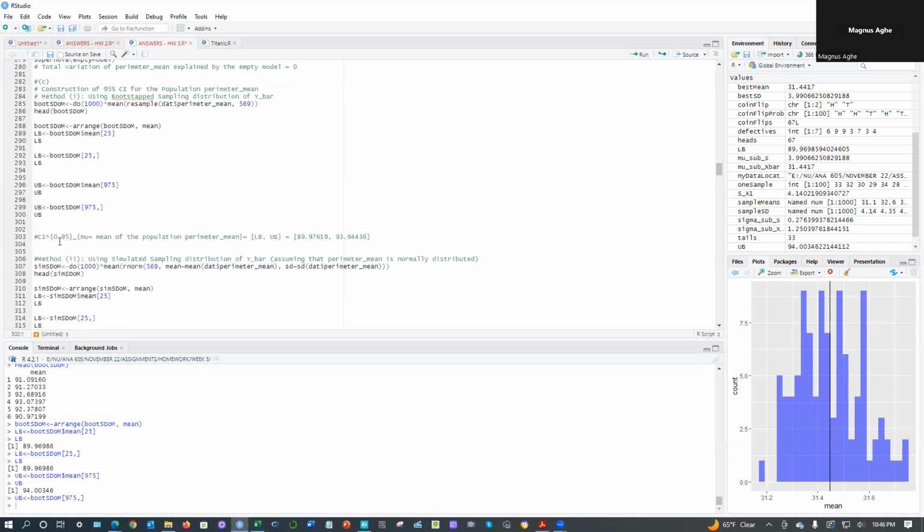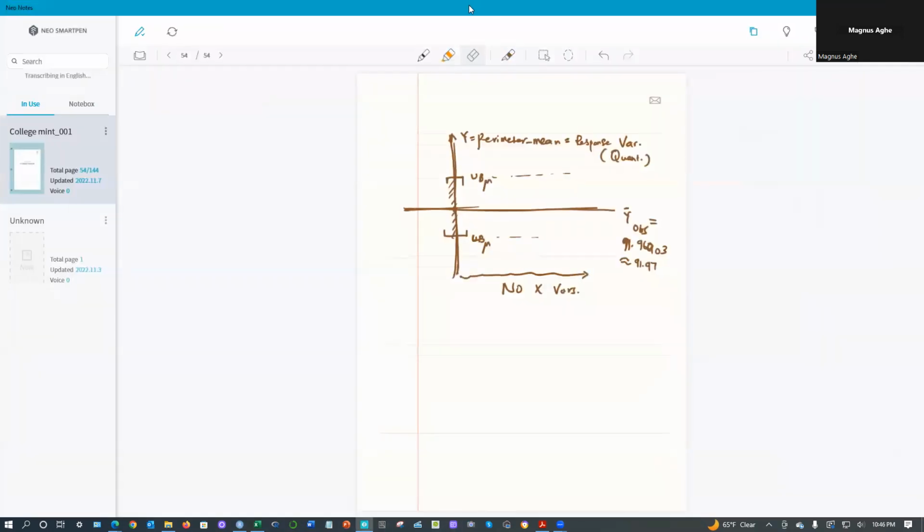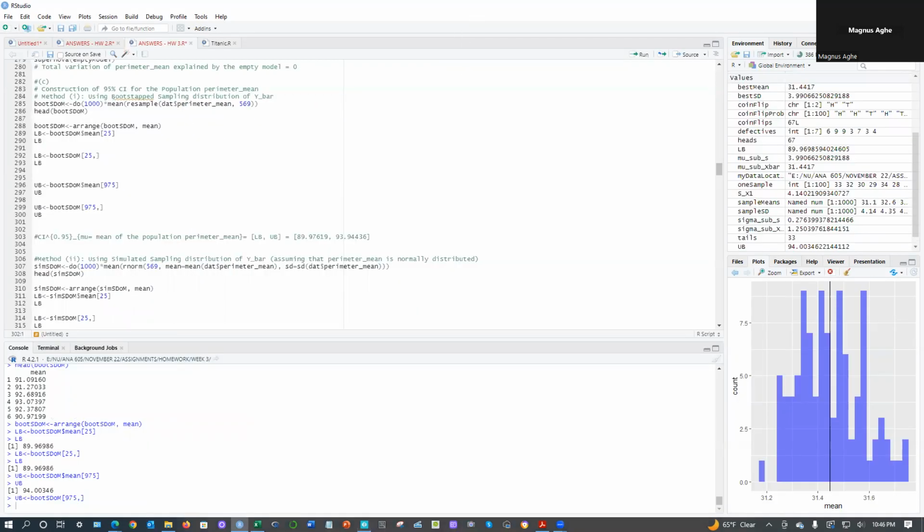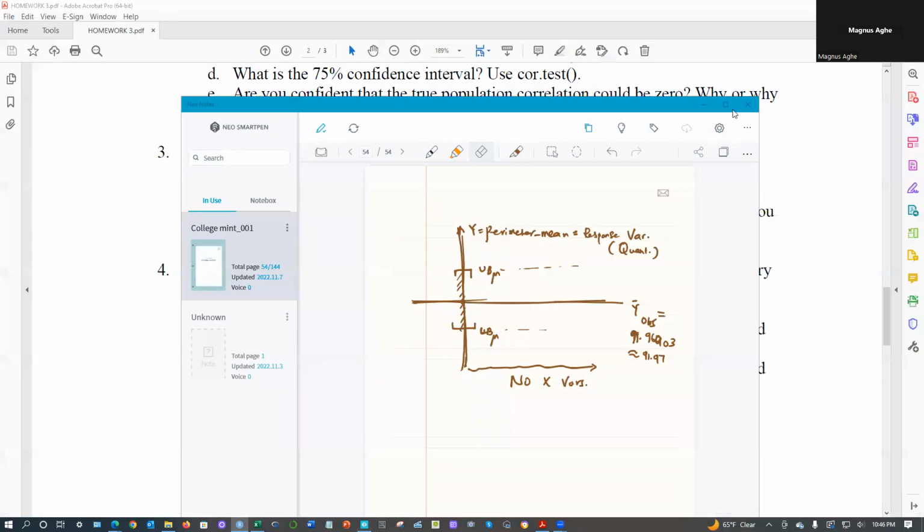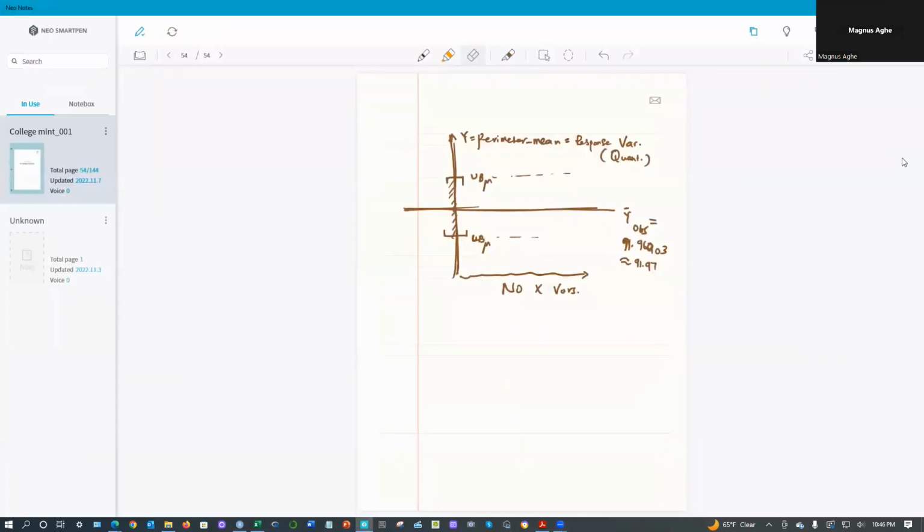Then you can say the confidence interval for mu at the level of 0.95 is nothing but the lower bound of mu, comma, the upper bound of mu.